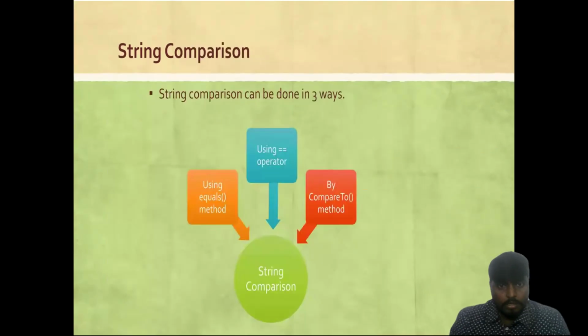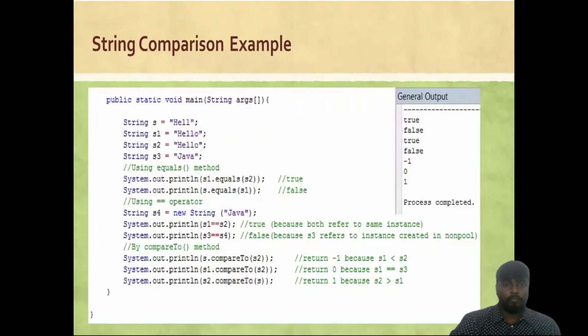Let's dive into the comparison. String comparison can be done in three ways. One is the equals method. Another one is using the operator double equals. And one more method is compareTo. See, as usual, we declared a main method. Inside the main method, we declared four strings: S, S1, S2, S3.